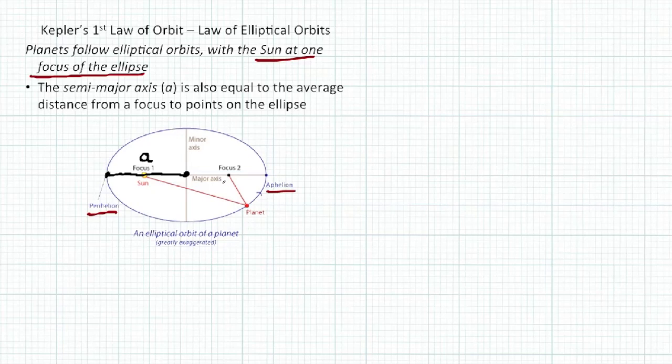Now, our focus, the Sun for example, is right here. Well, we have all different varying distances from the focus to points on the ellipse, but that Semimajor Axis is the average distance. So A, this is going to be very important. The Semimajor Axis. All right.